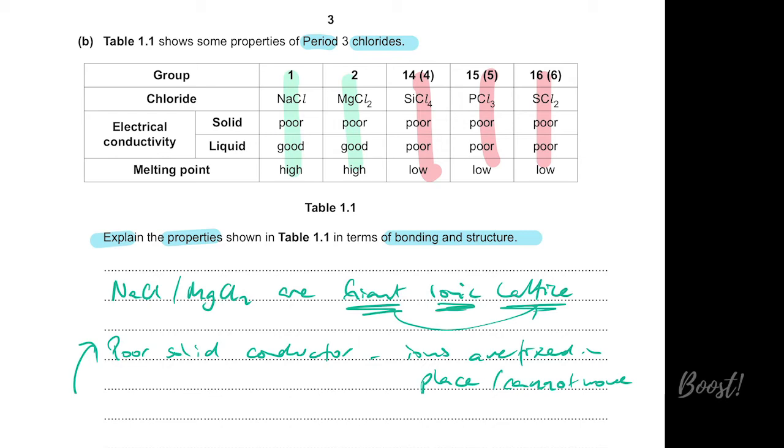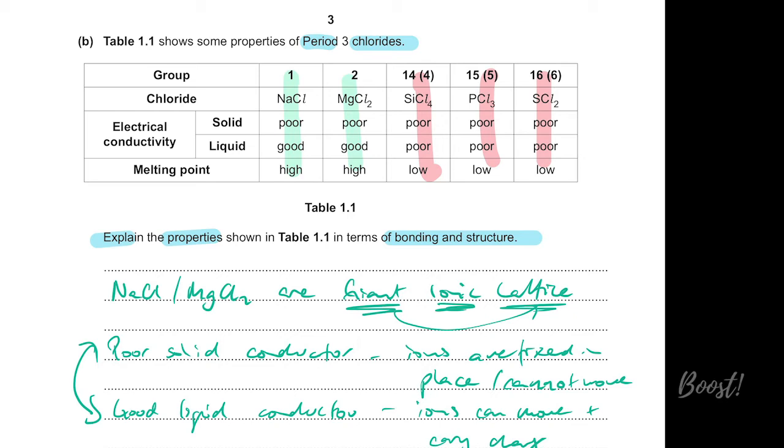So this means it's a poor conductor as a solid. Why? Because the ions are fixed in place or cannot move to carry charge. Good conductor in liquid. Why? Because now the ions are able to move and carry charge.